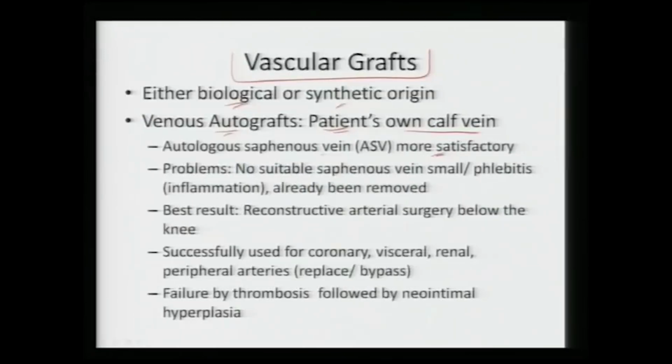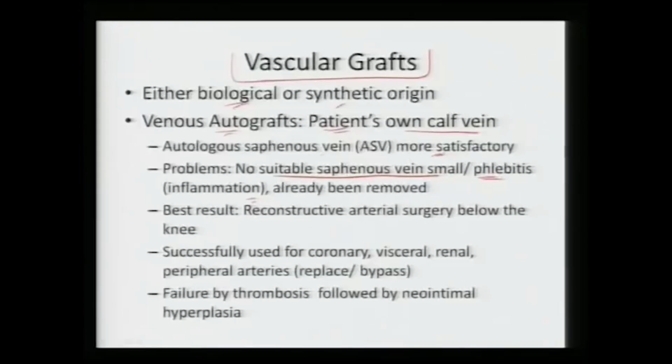But again it can induce certain problems, like 30 to 40% of people can face problems when there is no suitable saphenous vein, or there can be phlebitis, inflammation, or that particular vein has already been removed.